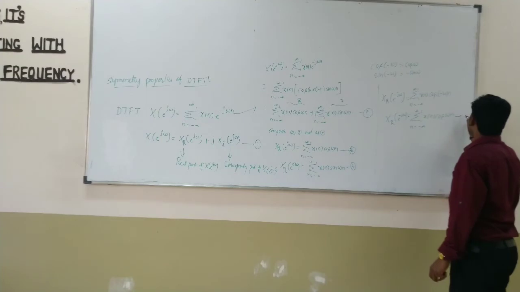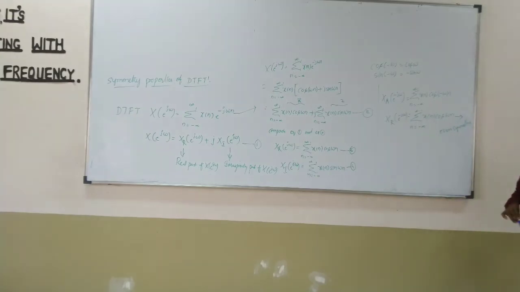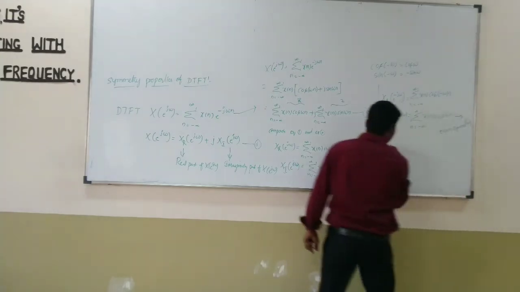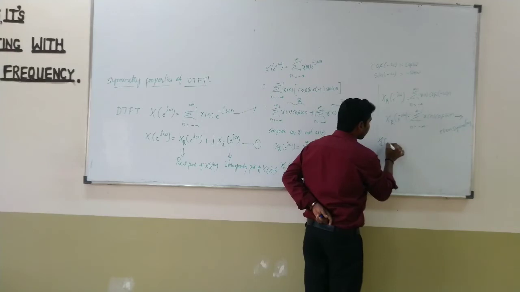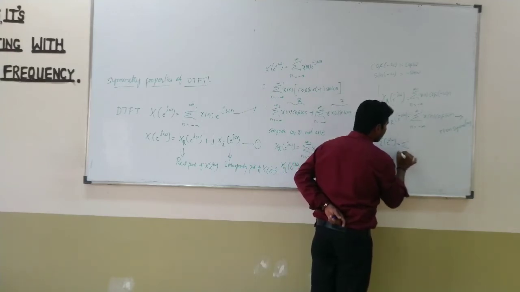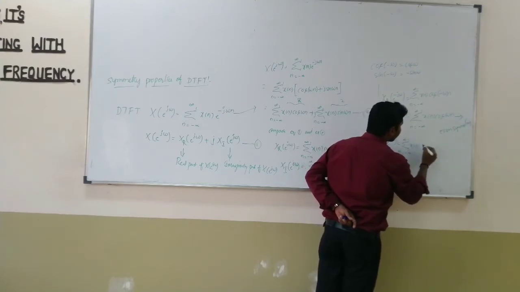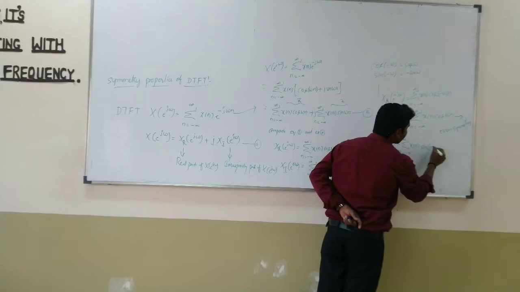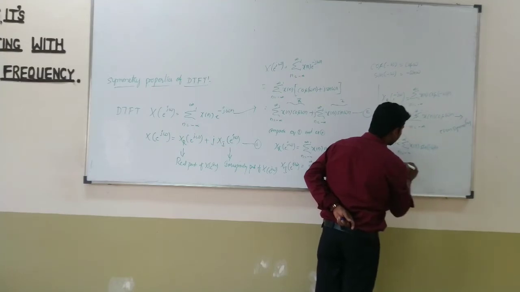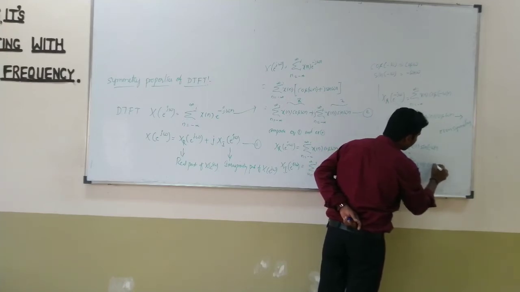So this is generally called even symmetry. Next, XI of e power minus j omega is equal to the summation from n equals minus infinity to infinity of x of n sin of minus omega n, which is equal to minus the summation of x of n into sin omega n.